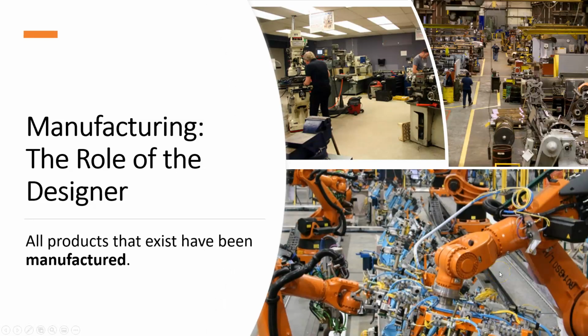And that means that all of these products, because they've been designed, have also been manufactured. Depending on whether it's a small shop, a medium shop, or a large scale assembly kind of automated environment, all of these products that we touch and feel and purchase and see have been designed and manufactured.